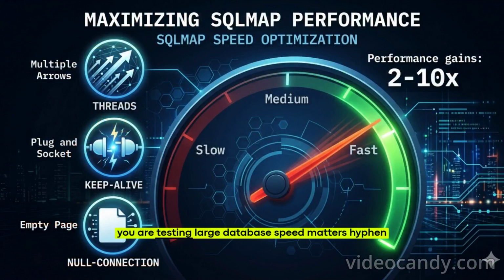If you are testing a large database, speed matters. "-o" turns on all optimizations like keeping connections alive and predicting output. "--threads" sets concurrent requests, but be careful. High thread counts can crash the target. 5 to 10 is safe. "--null-connection" only compares page length, not the full body.